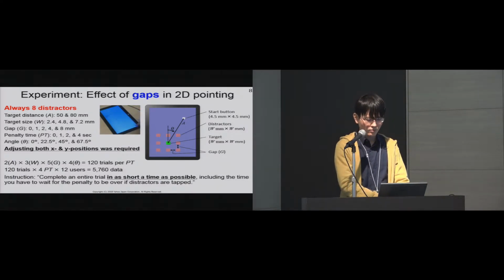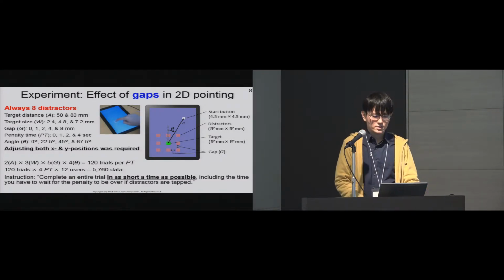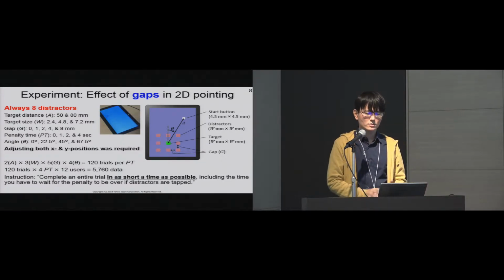we conducted a follow-up experiment of the 2D condition. In this task, the green target was always surrounded by 8 distractors like keypads. And we tested 4 movement angles and 4 penalty times.